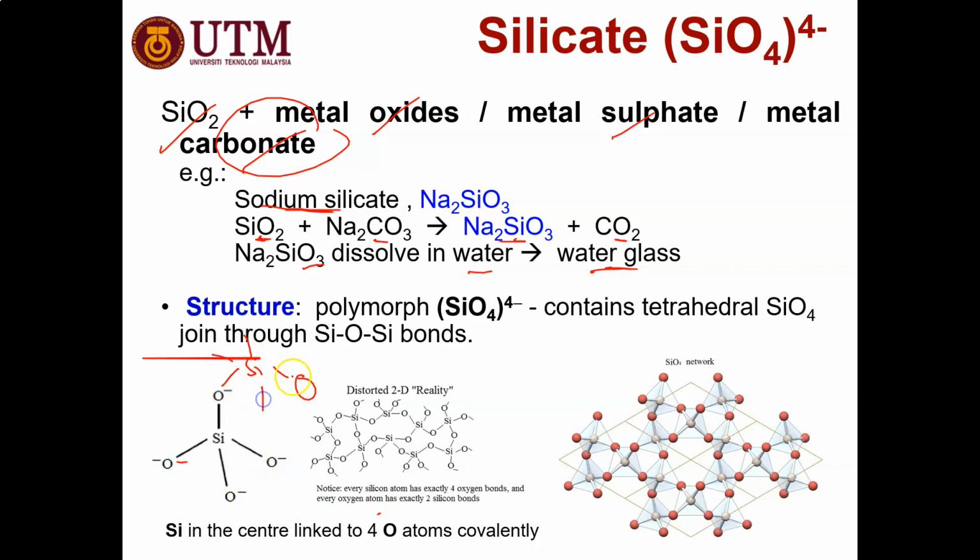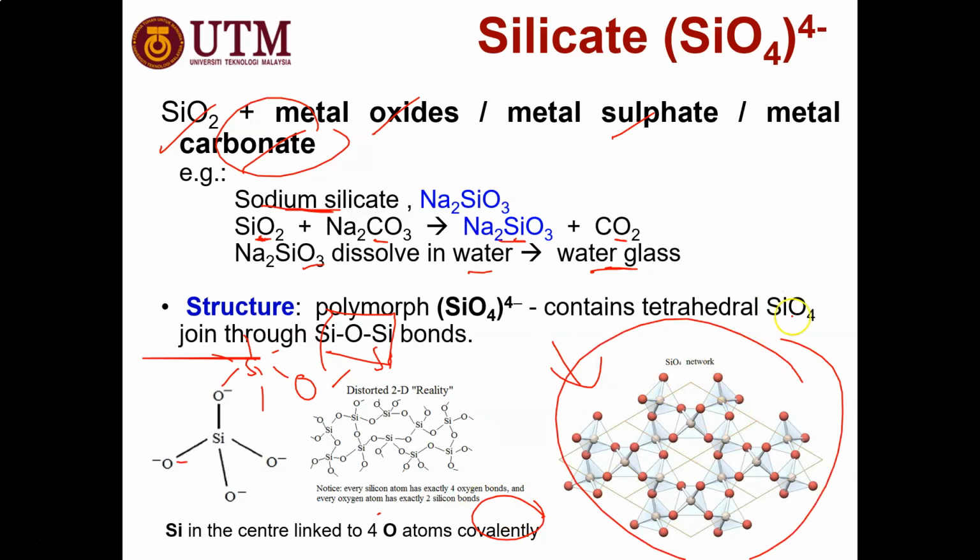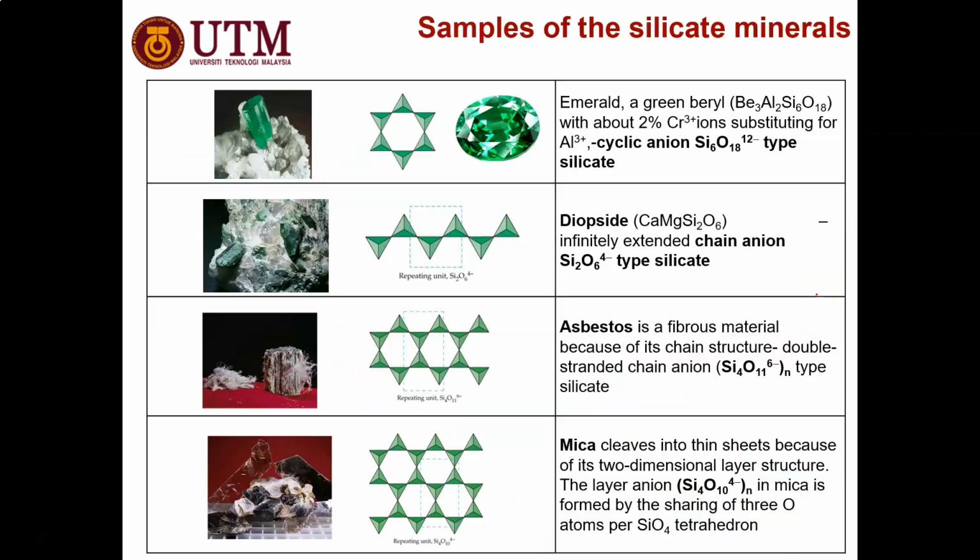So inilah dia punya network macam tu. So the Si in the center is linked to 4 oxygen atoms covalently. Tapi once again, it's a big molecule yang besar macam ni lah. Bukan just satu unit je. It is a unit berulang macam tu.